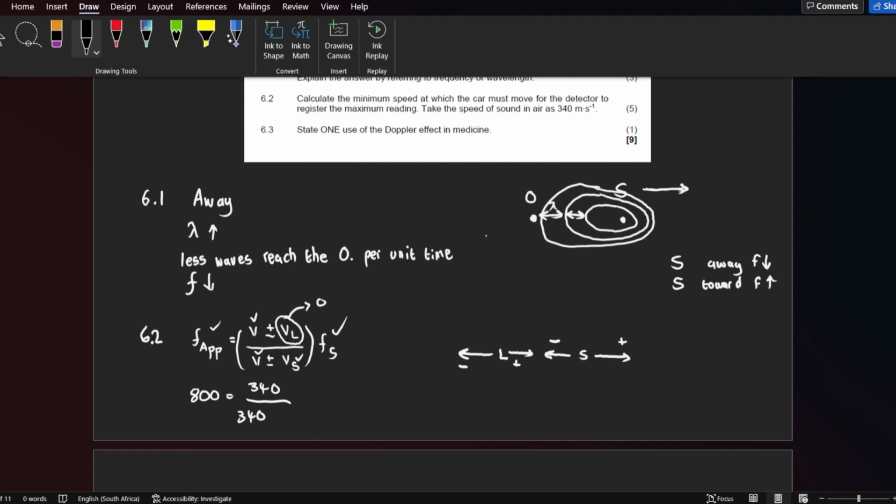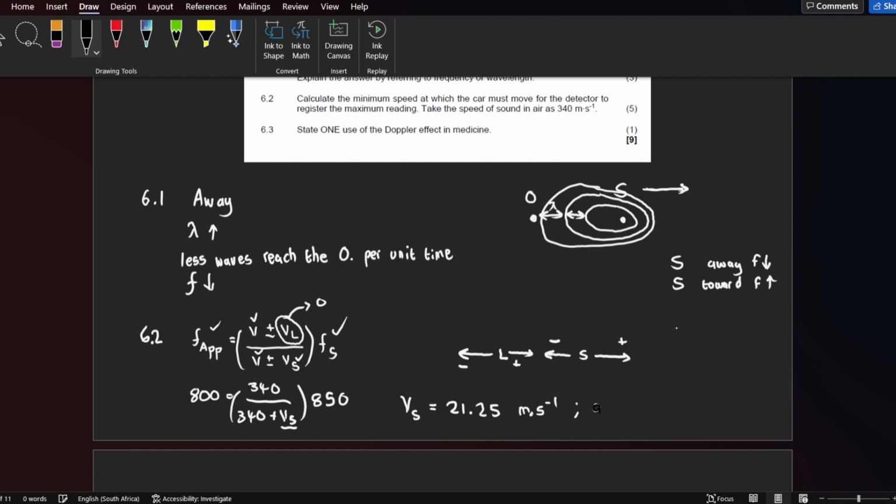But in this case, the listener or the observer is not moving at all, so its velocity is 0, and the source is moving away. Therefore, we will have a positive velocity of the source. And all of that is multiplied by 850 hertz. So we only have one unknown, and making that the subject of the formula, we get the velocity of the source or of the car to be 21.25 meters per second.